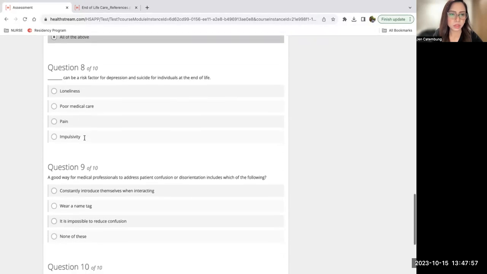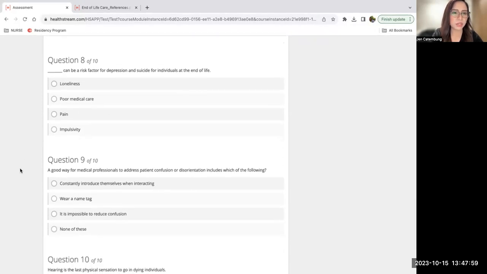Next, number 8 can be a risk factor for depression and suicide for individuals at the end of life. So what are the risk factors for depression and suicide for individuals at the end of life? Of course, loneliness.